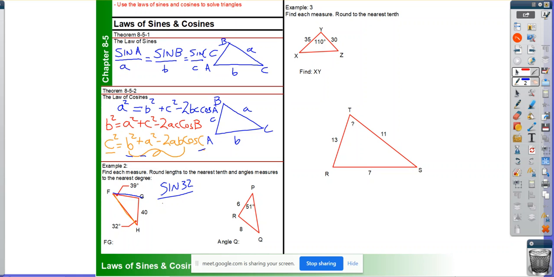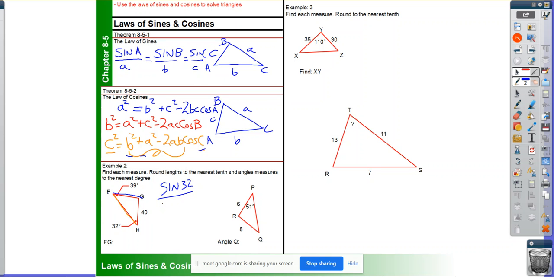No, so that's not going to be super helpful because we want to find the measurement of... I know, but we could say that's equal to sine 39 over 40. But that doesn't help us find... oh yeah, we're looking for FG. I thought we were looking for FH. My bad. Okay, that sounds great.